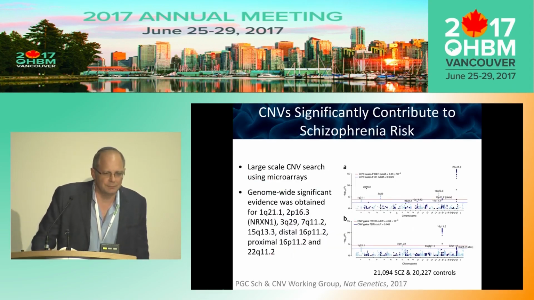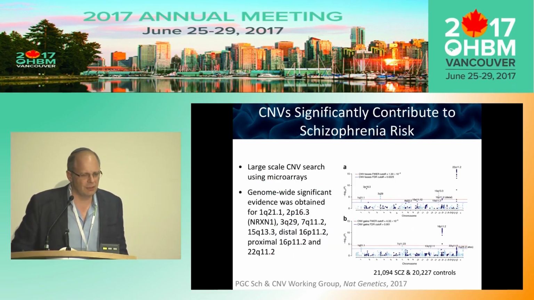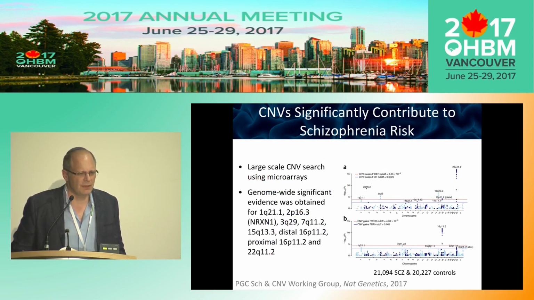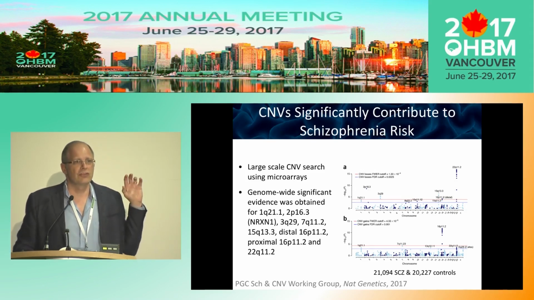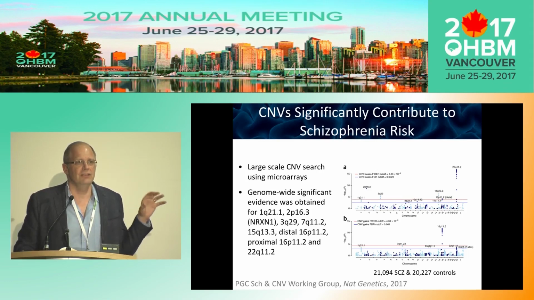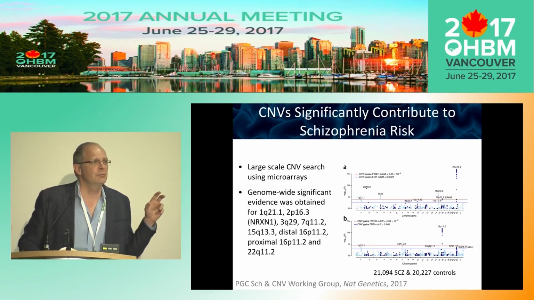In schizophrenia, there was just a paper that came out a couple of weeks ago, actually, from the Psychiatric Genetics Consortium that looked at 20,000 or so schizophrenics and 20,000 or so controls and modeled all the CNVs that they could find. And they found 8 that were genome-wide significant, because they occurred enough times in patients, but not in controls.